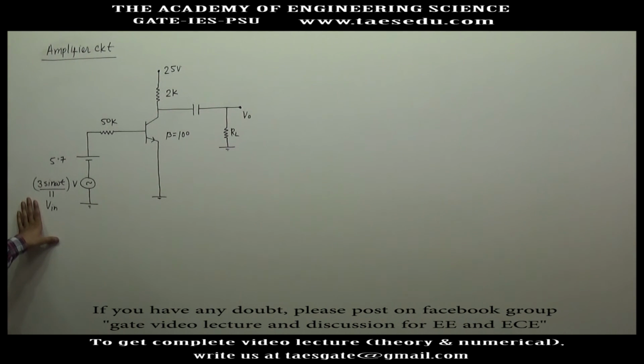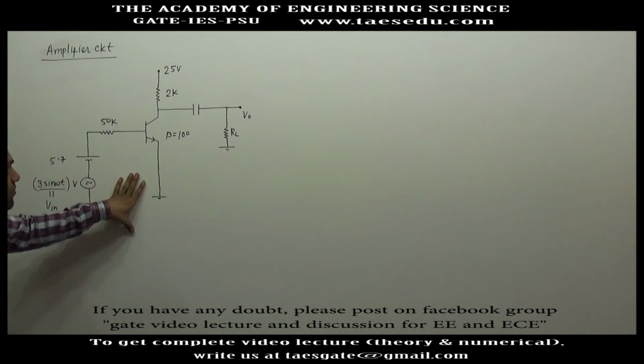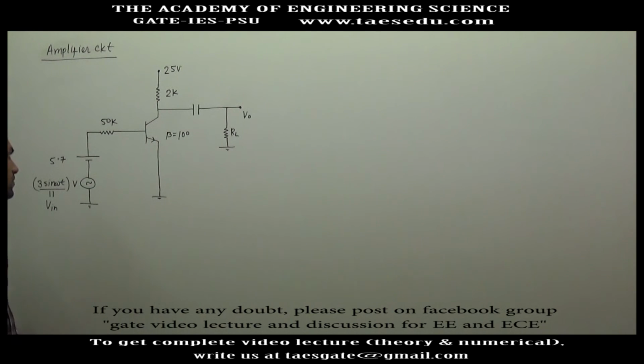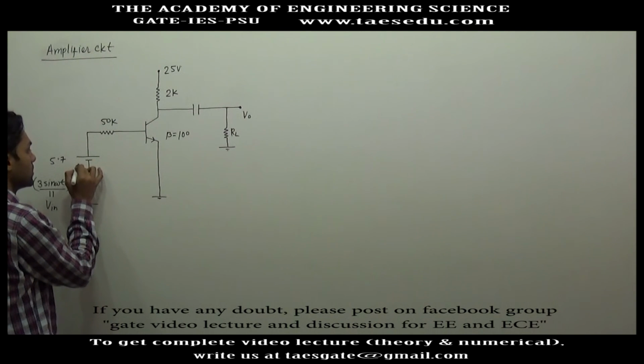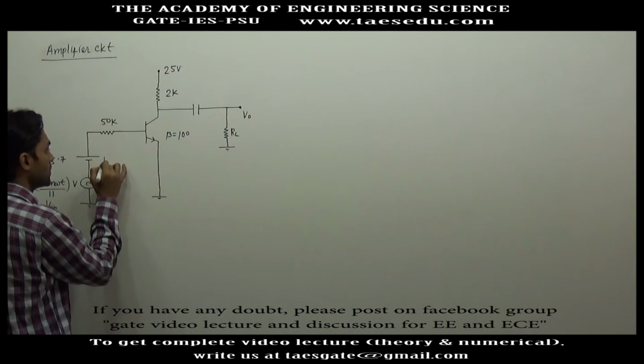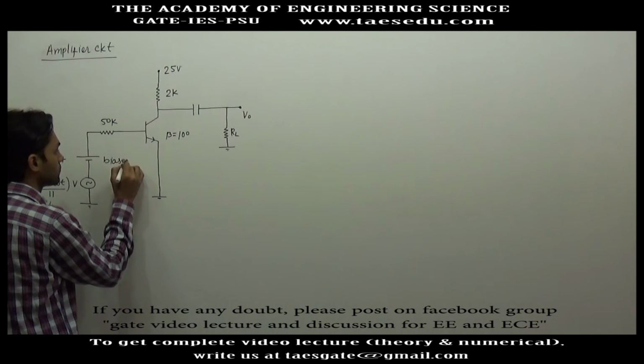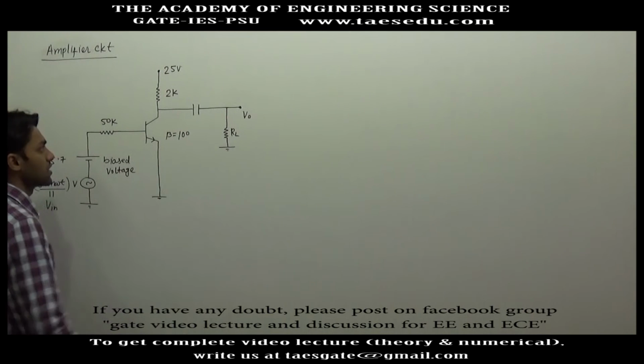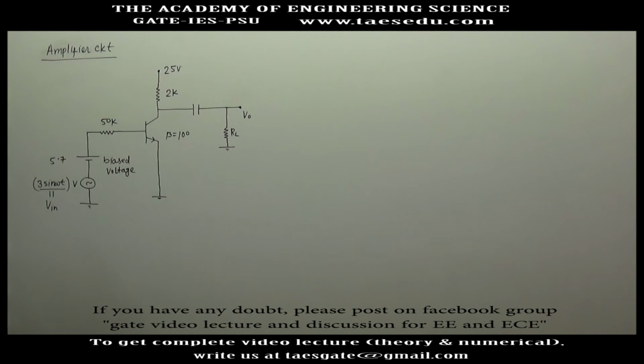I have to make you observe when this transistor may go into saturation region. I have already connected a DC source here, a bias voltage. This is to ensure that the transistor will never go into cutoff region.